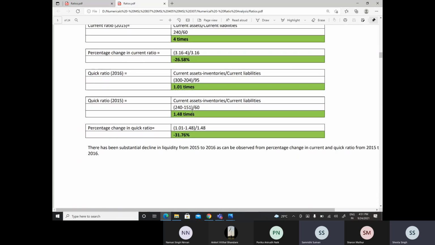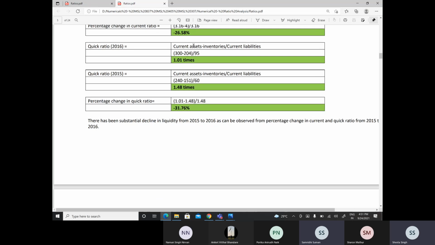Then we calculate the quick ratio of 2016, which is current assets minus inventories upon current liabilities. So that is 1.01 times. And the quick ratio of 2015 is current assets minus inventories upon current liabilities. That is 1.48 times. Again, we can see that over the year, the actual quick ratio has come down by 31.76%.